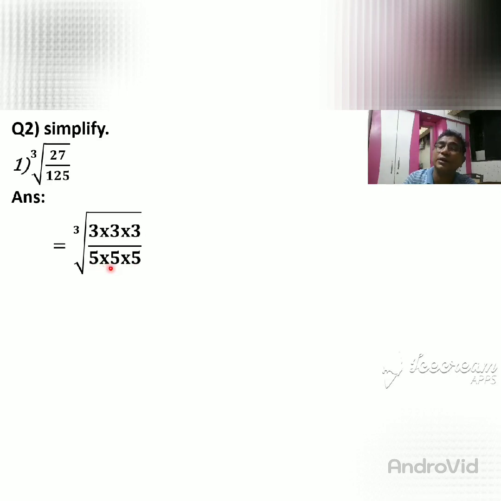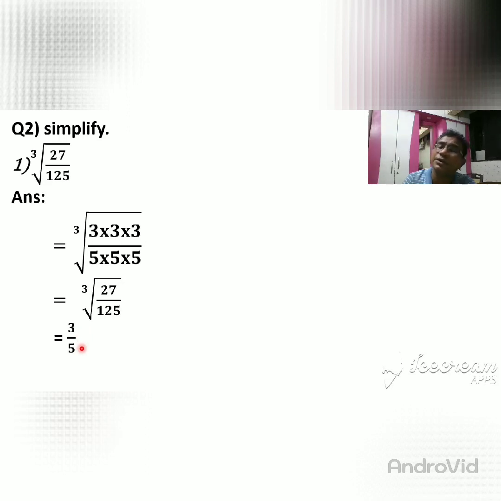For the cube root, from 3 into 3 into 3 you take one number, that is 3, so the numerator is 3. In the denominator, from 5 into 5 into 5 you take one number, that is 5. So you get the answer 3 upon 5. Cube root of 27 upon 125 is equal to 3 upon 5.